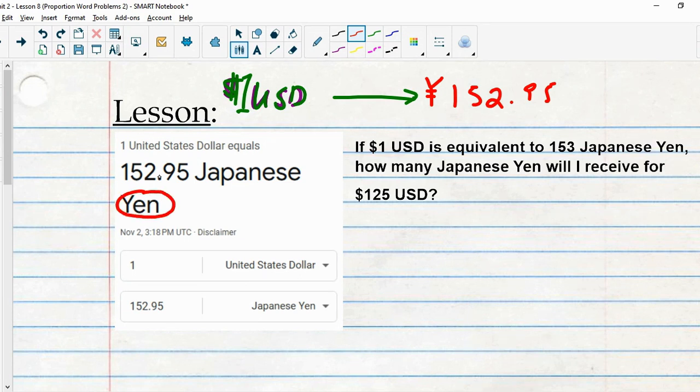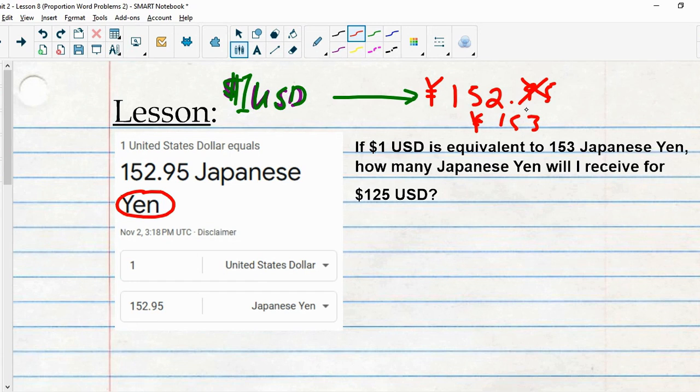Now, the denomination, meaning the kind of bills they have. A denomination in the United States will be $1, $5, $10, $20, $50, $100. As you can see, $1 is 152 yen. They don't really use the decimals anymore, so let's just round to 153 yen.